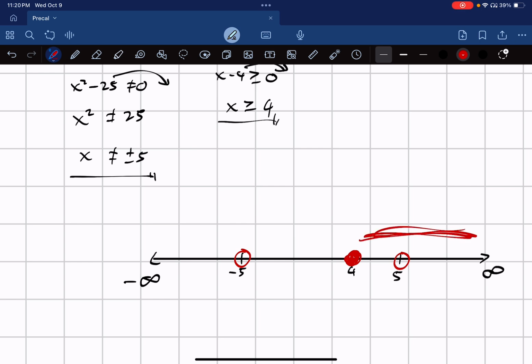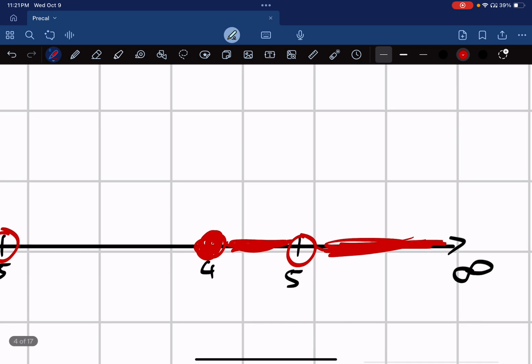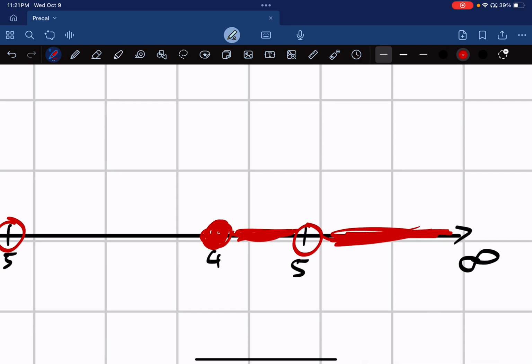However, it is indicated that 5 is not allowed, meaning that value is not possible. And since it must always be greater than or equal to 4 only, this part is okay, this part is not. And 5 is not included. So the values we can use in the domain are 4 to 5, not including 5, and 5 beyond.